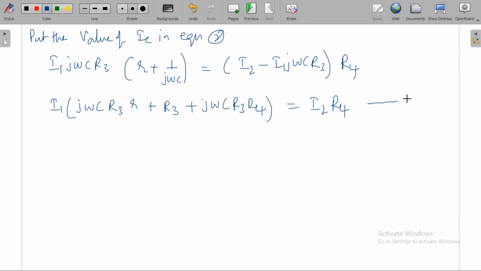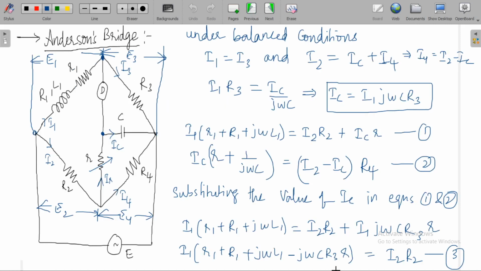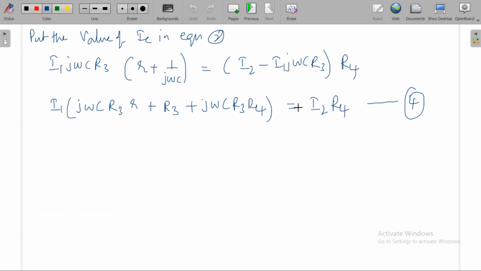This is equation 4. This is equation 2, 3 and this is equation 4.